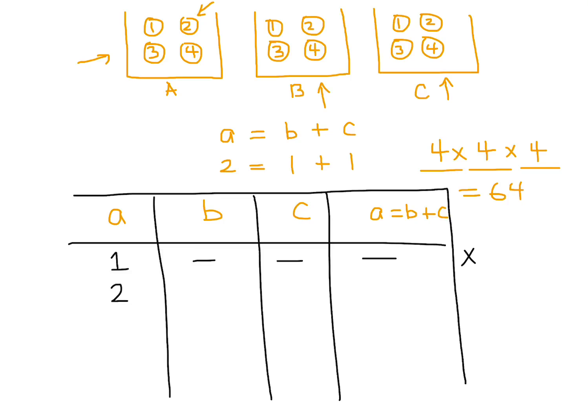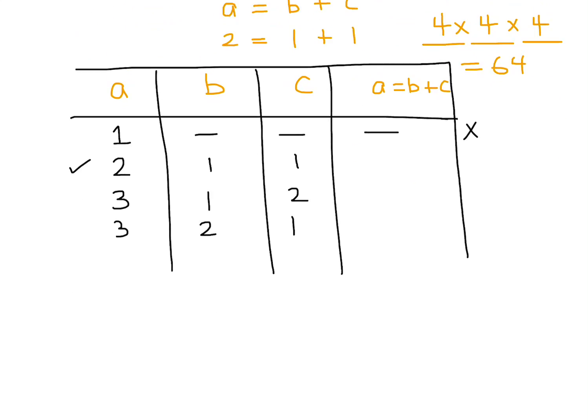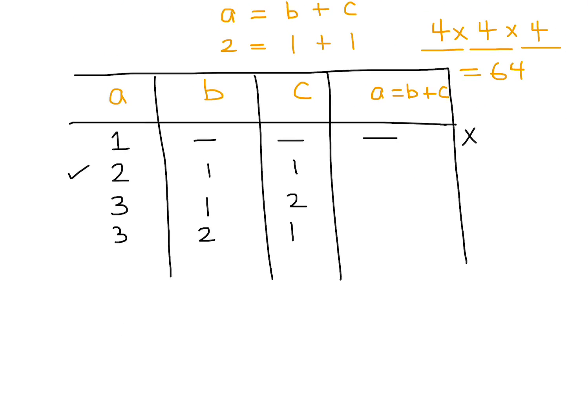How about A equal to 2? Well, if A equals 2, B has to be 1 and C has to be 1. That's the only way A equals B plus C. So we've got one possibility. If A is 3, then we can have 1 for B and 2 for C, or 2 for B and 1 for C. So we've got 2 more.